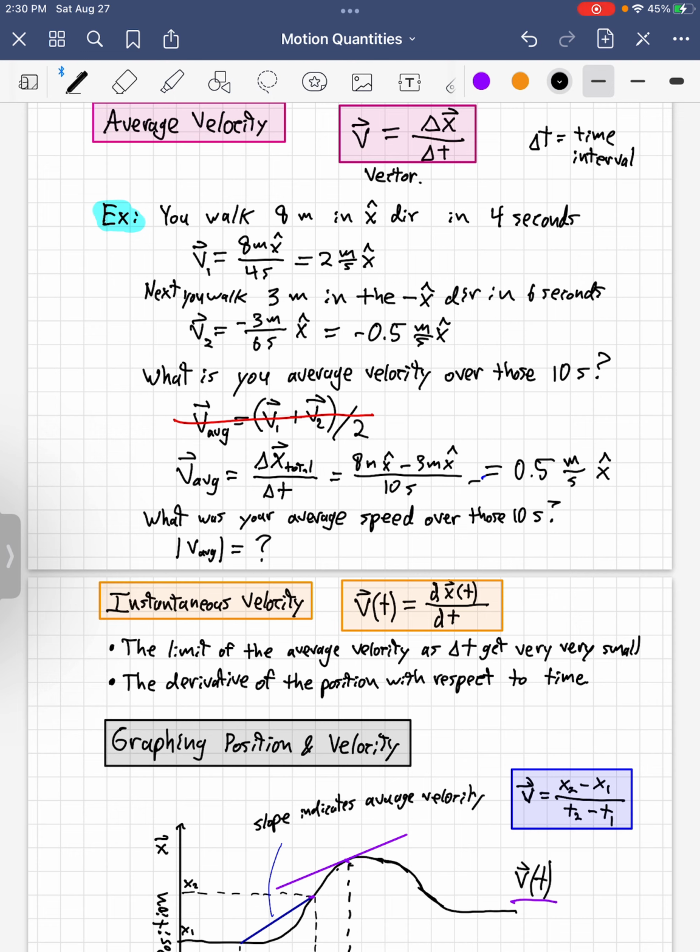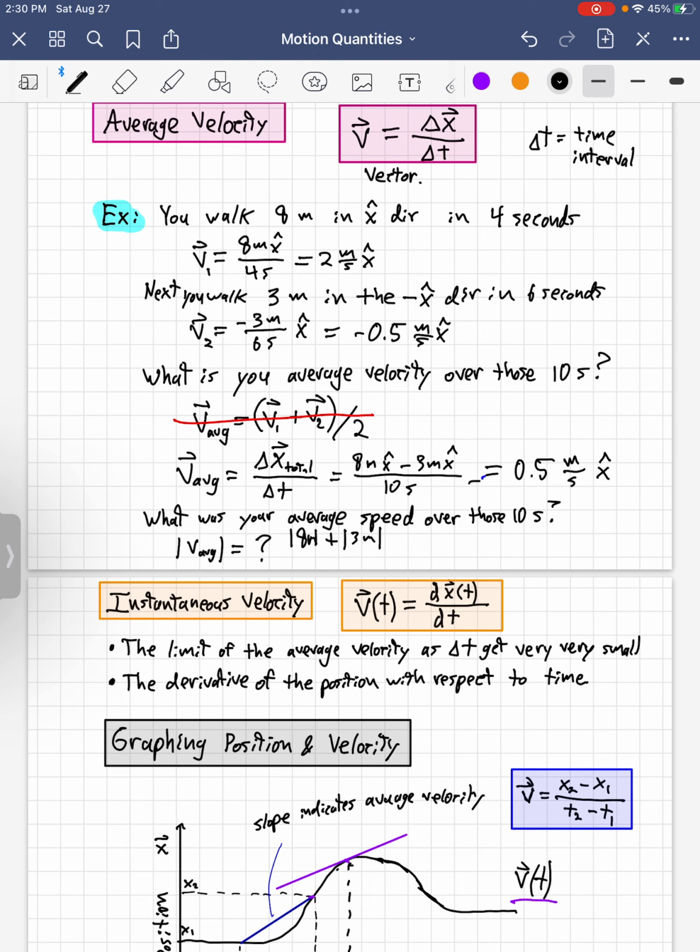And so what we would say here is, what's the absolute value of your first displacement, 8 meters, and then you would add the absolute value of your next displacement, which would be 3 meters, right?